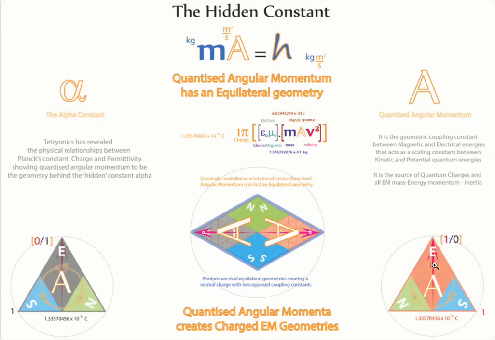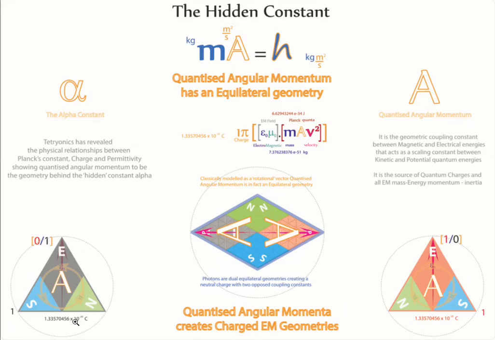You can see that we've drawn the vector rotation again about a point within the zero point field to reflect the short-circuited quantum inductive geometries. But it is not a vector rotation as classically thought of in the case of angular momentum. It is in fact the equilateral geometry. And this of course is borne out again where we look at the number of equilateral geometries, or the alpha per c squared.